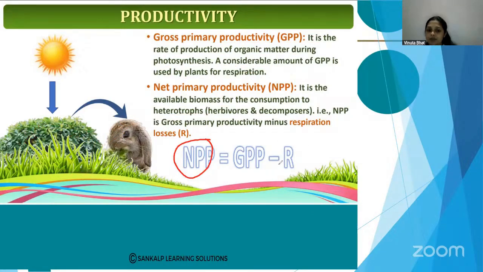By subtracting R from the gross primary productivity, that is the net primary productivity. Okay, so I hope you got these two types of productivity: gross primary productivity and net primary productivity.